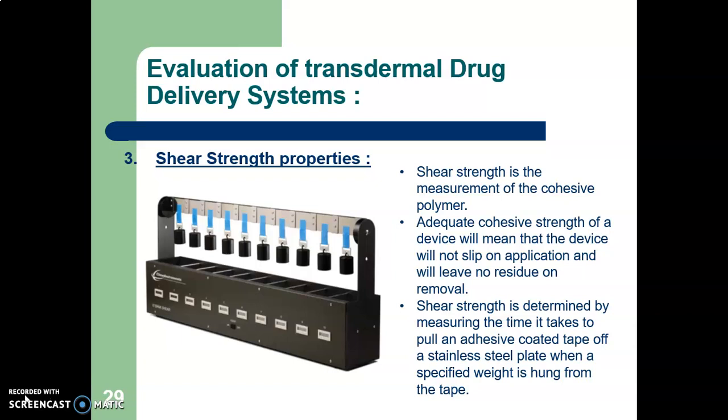Shear strength is determined by measuring the time it takes to pull an adhesive coated tape off a stainless steel plate when a specified weight is hung from the tape. This equipment is used to measure the shear strength. The blue color tape is the transdermal patch, and this is the stainless steel plate. The plate acts as skin, and the transdermal patch is stuck on its surface.